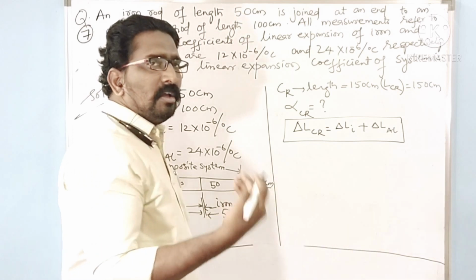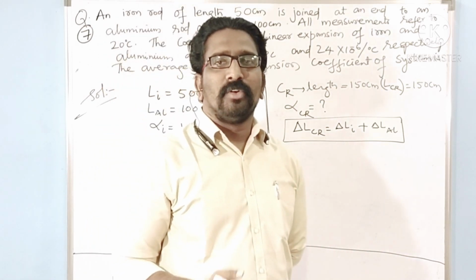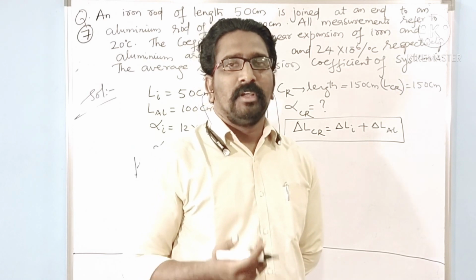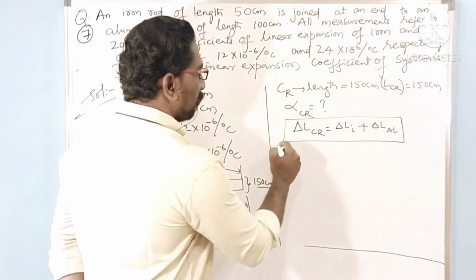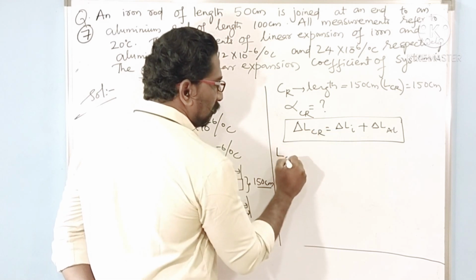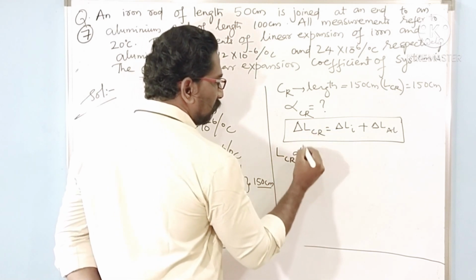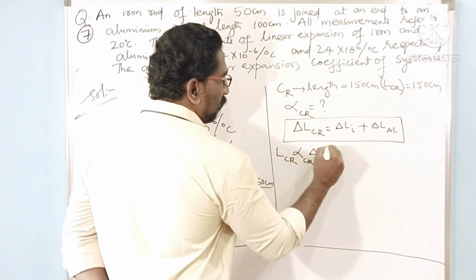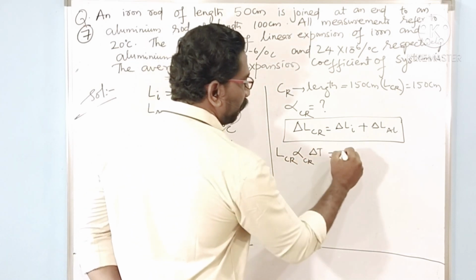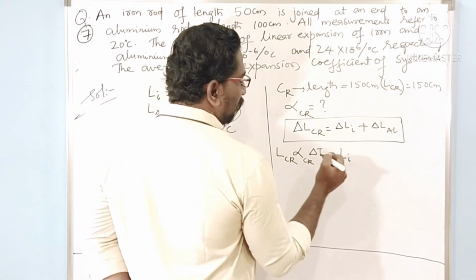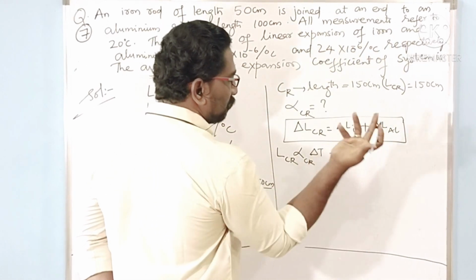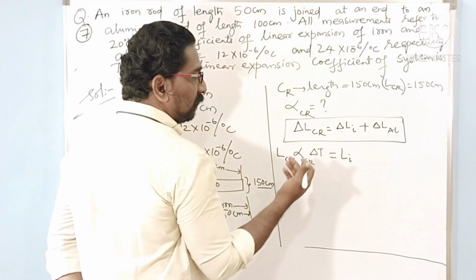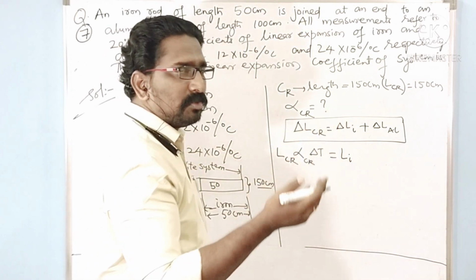So what is delta L? We know the formula for delta L is equal to L times alpha times delta T. So I am writing: length of composite times alpha of composite times delta T, equal to the change in length of iron plus that of aluminum. The temperature change is the same for both, so I have written delta T instead of delta T of CR.